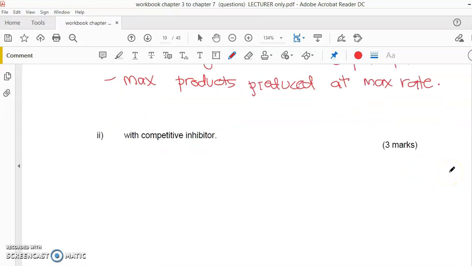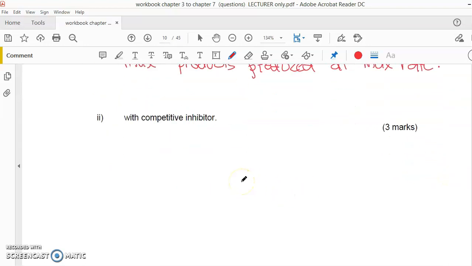So how about with competitive inhibitors? We shall continue after this.